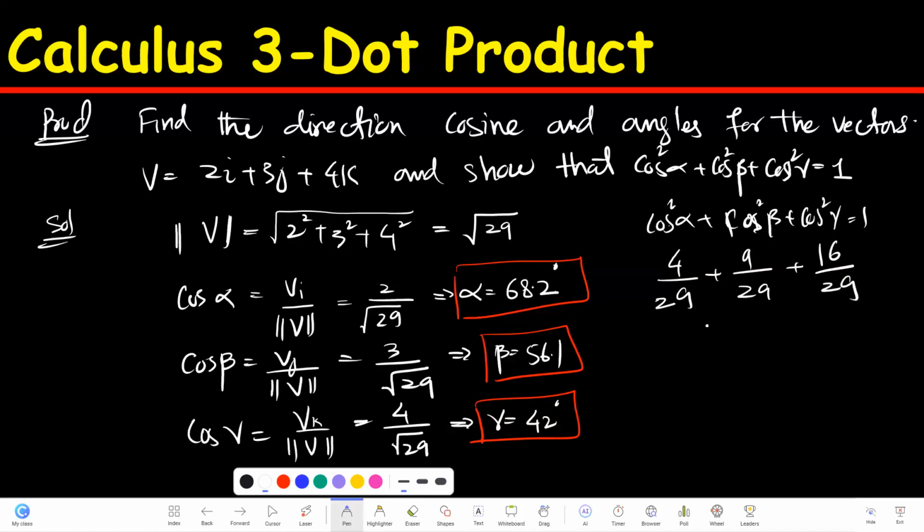If you add them all together, it's going to be 29 over 29 equals 1. And it proves that this is the answer.